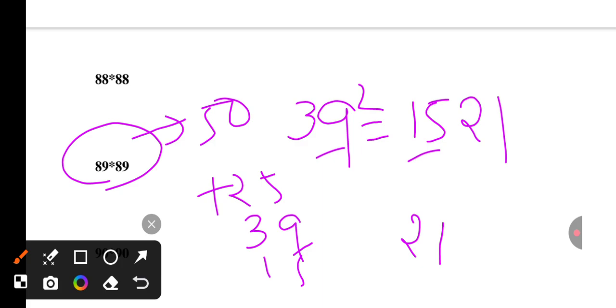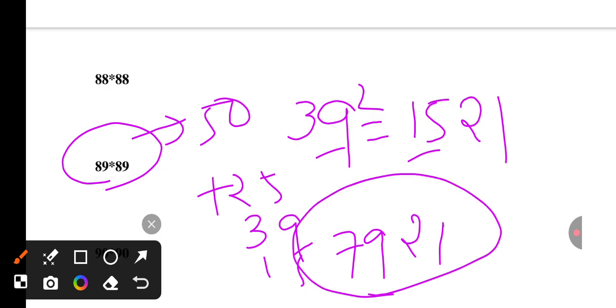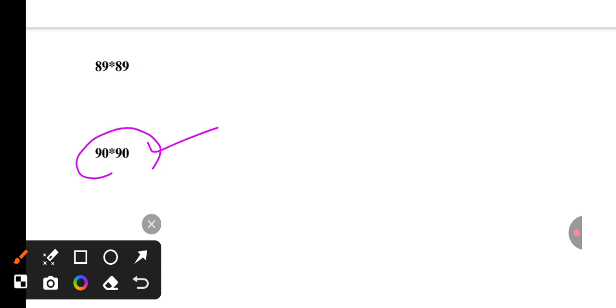Okay, it will become 7921. Okay, that is the answer of 89 into 89. Next, this is simple, 8100.